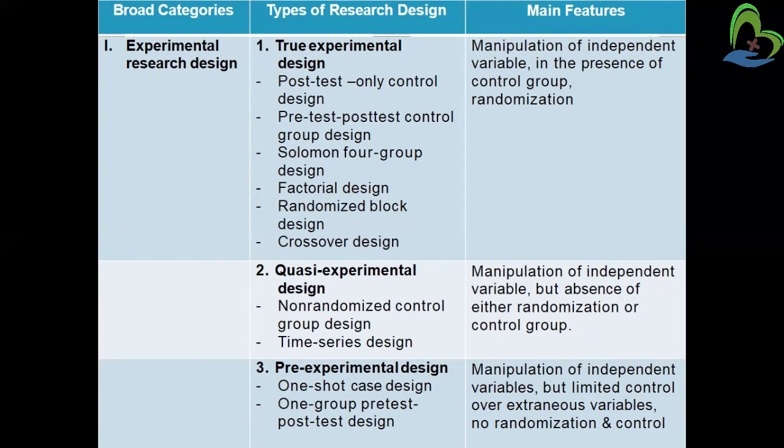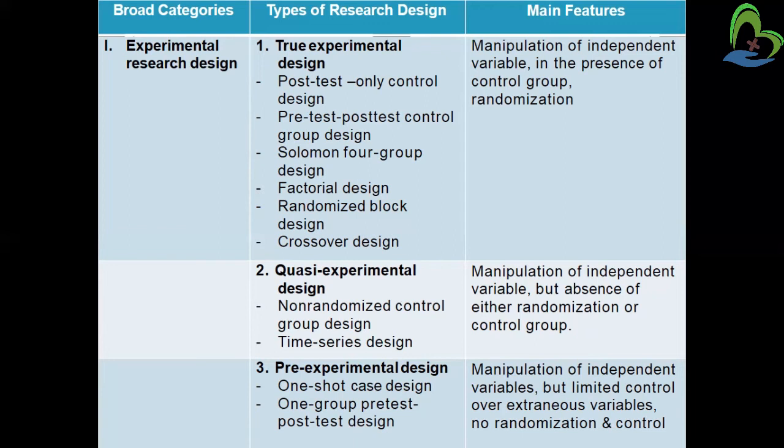Let's move ahead. What is the pre-experimental design? That will be the last part, and in this section we will have a discussion on it. This research design is considered very weak, because the researcher has no control, or very little control, over the experiment.